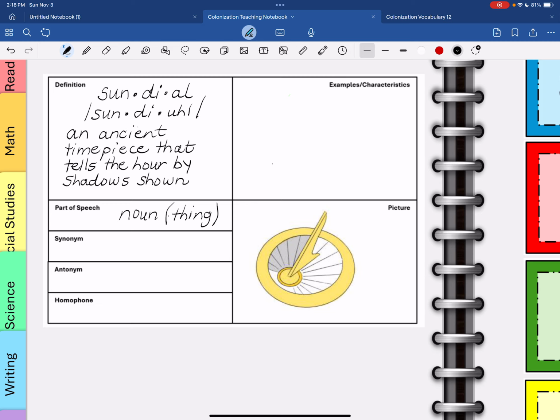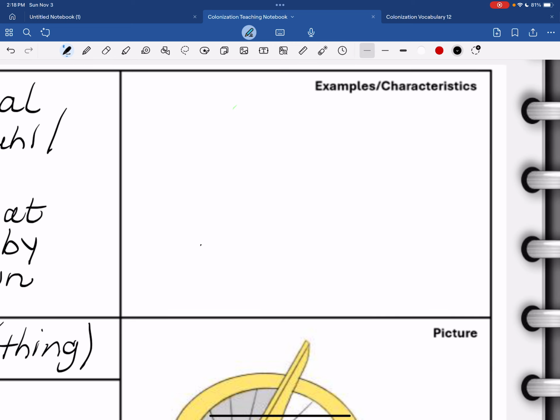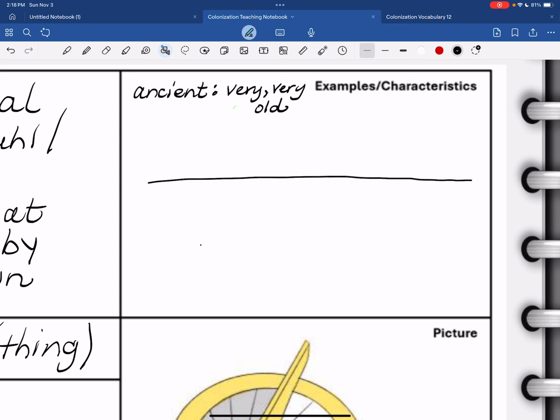So let's look at the word ancient, because this is a good one to know. Ancient means very, very old. And to show you what this means in a picture, I'm going to draw a timeline.